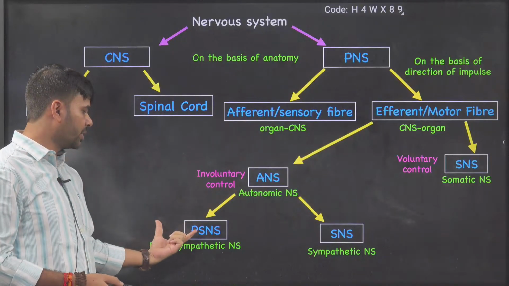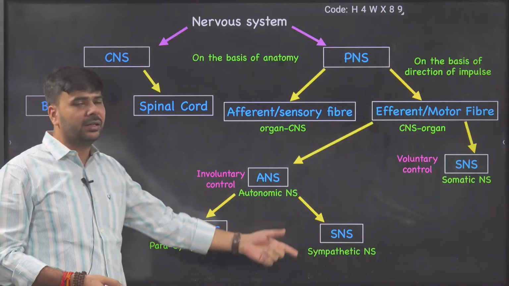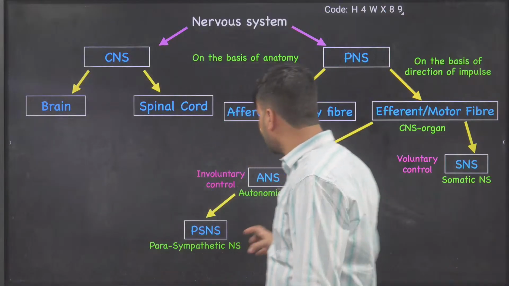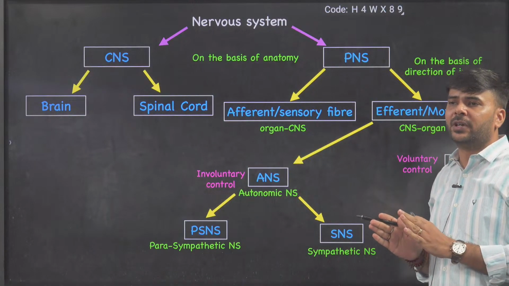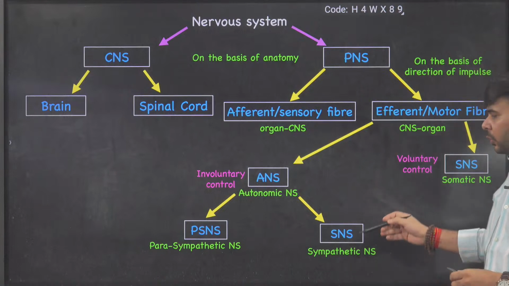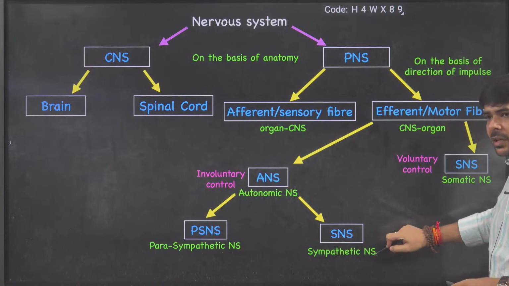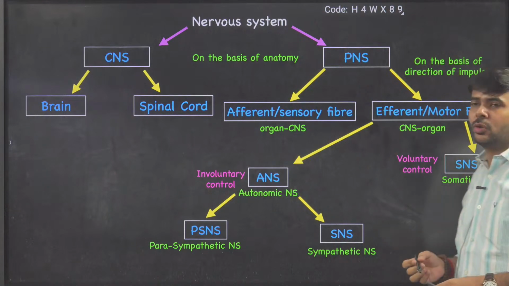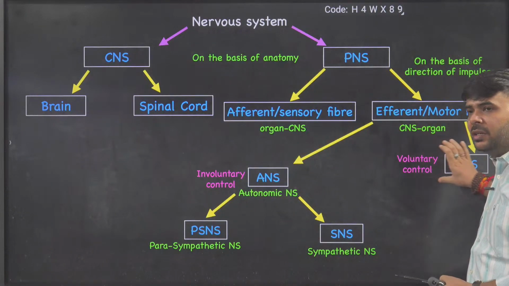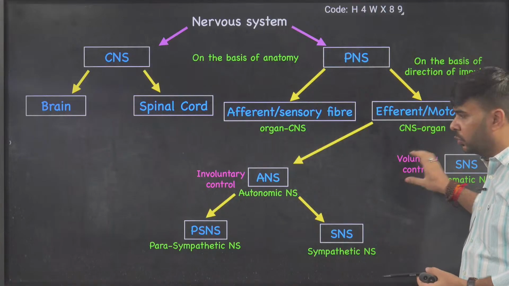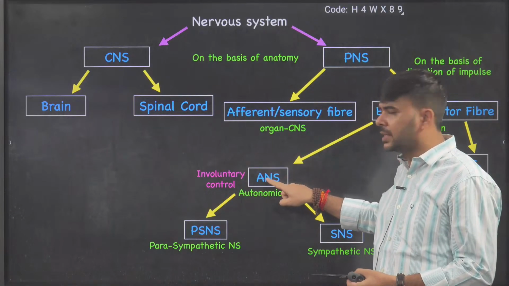Under autonomic nervous system, PSNS and again SNS. These two SNS are different, not the same. This is the sympathetic nervous system, this is the somatic nervous system. Somatic nervous system is your voluntary nervous control, and involuntary is ANS.